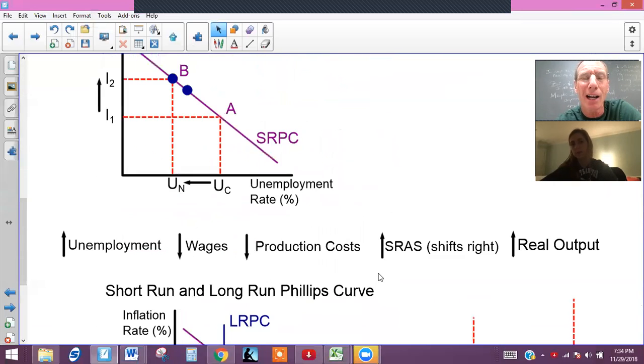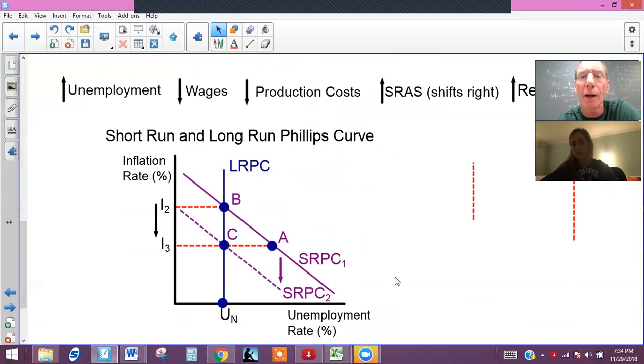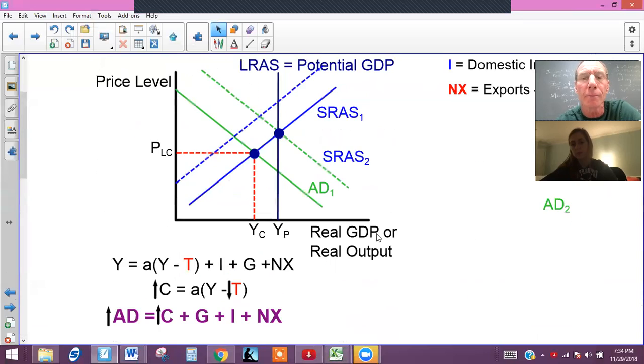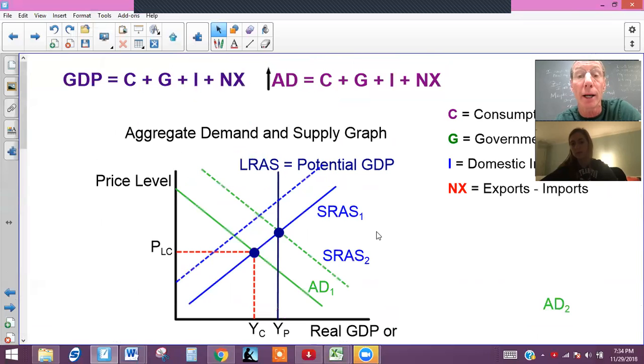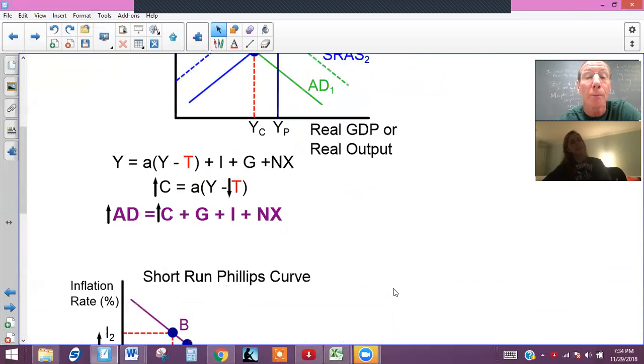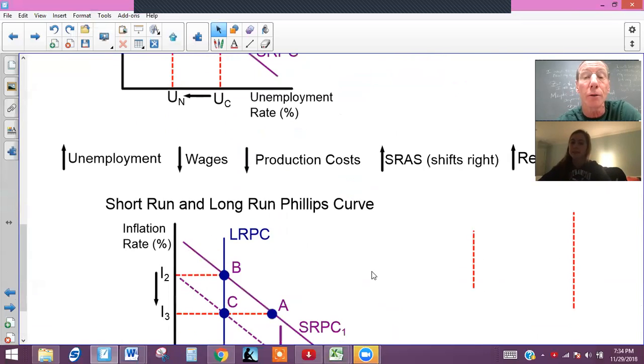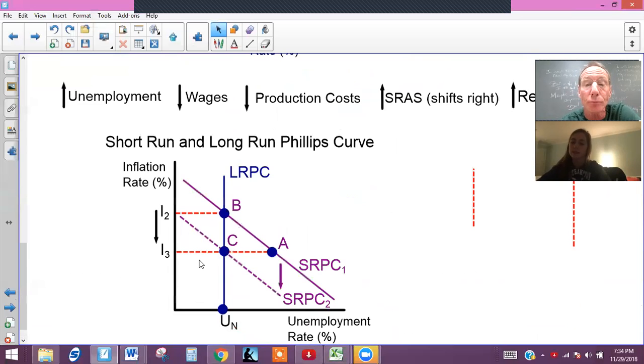And I know this shifted, and I just have to go back and look at it. I cannot remember why it shifted right now. But I do know what a shift means. It means that if you think about this as shifting, you're saying that at every price level, like here, you've got more employment.